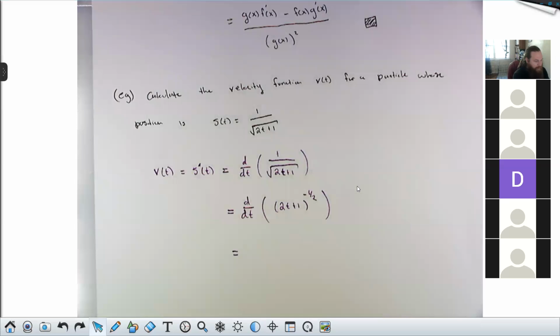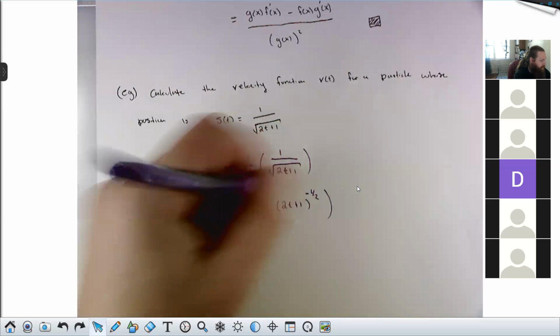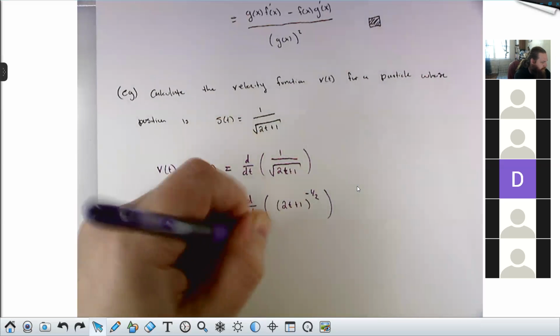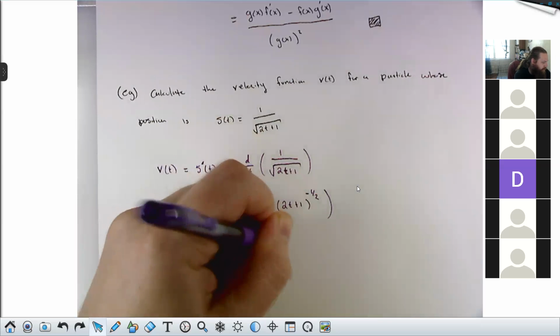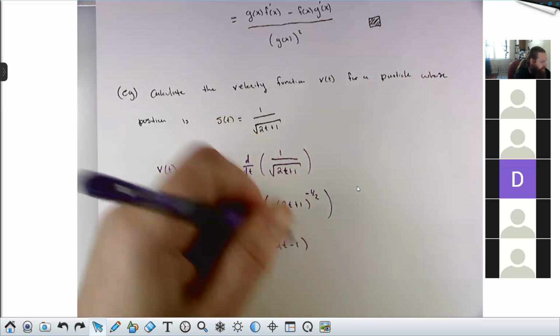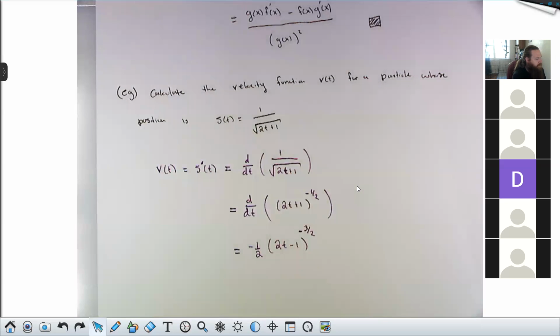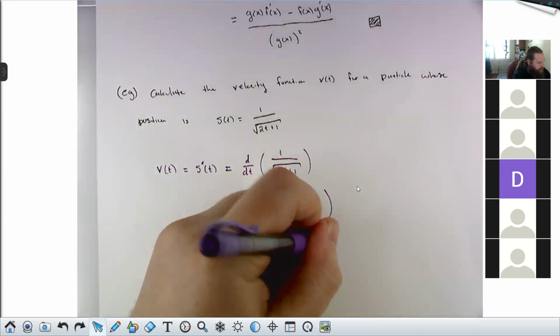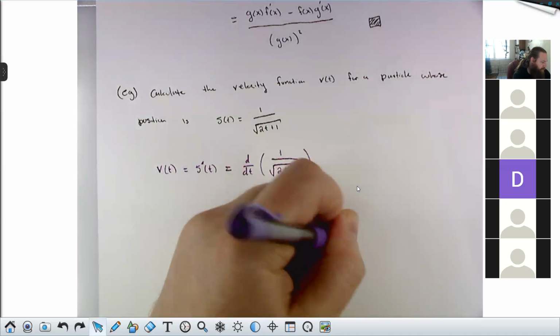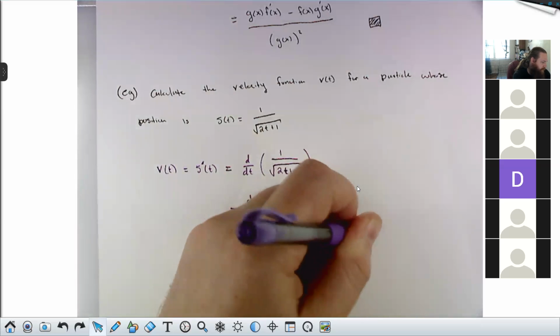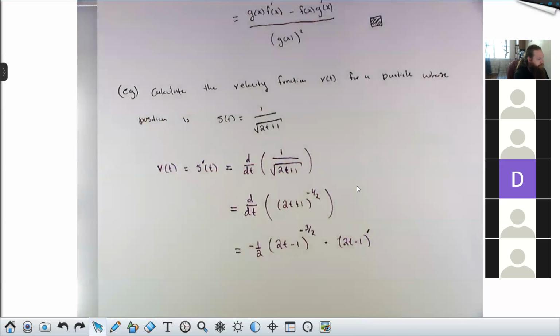And now, like Yiping was saying, the first term here, we have the -1/2 power coming down, times the inside left alone, and then I have to subtract 1 from that power, that's -3/2. So there's the derivative of the outer with the inner left alone, and then I have to multiply by the derivative of that inner.